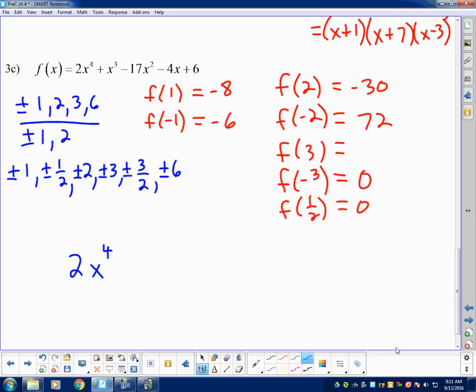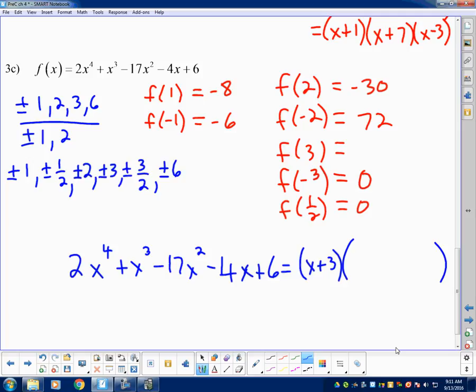2x to the 4th plus x to the 3rd minus 17x squared minus 4x plus 6 equals, so far we know it equals x plus 3 times something. Now to find that something, it's going to be a cubic. We'd have to use synthetic division with -3.